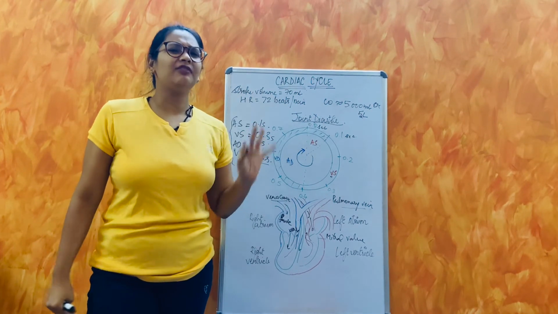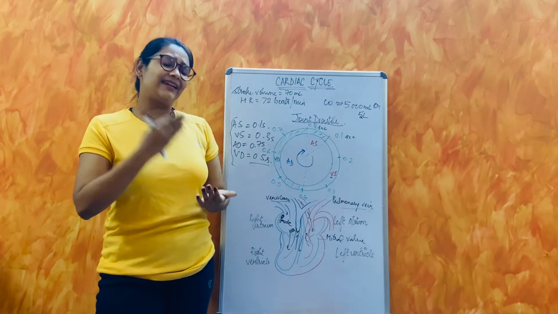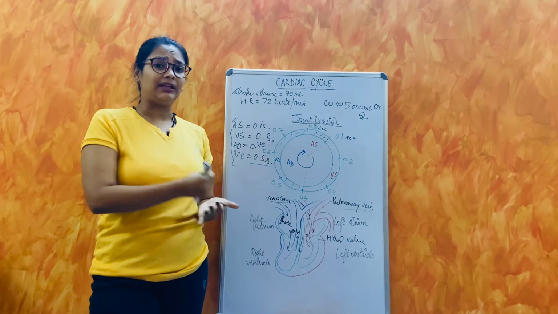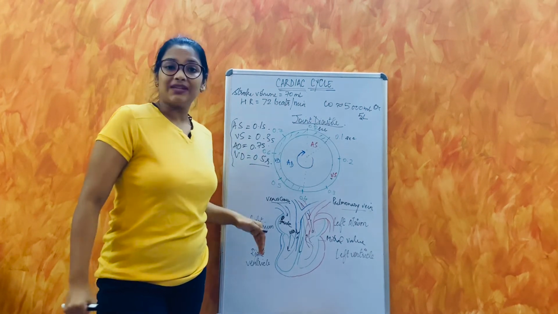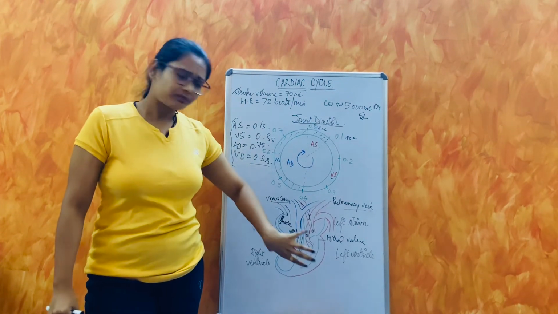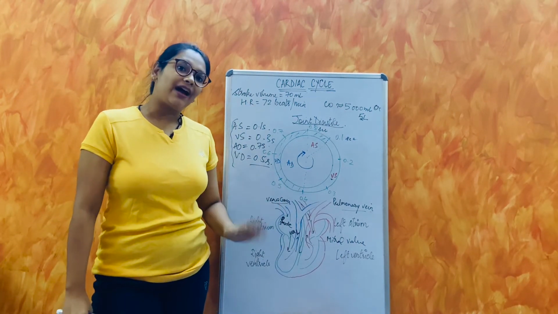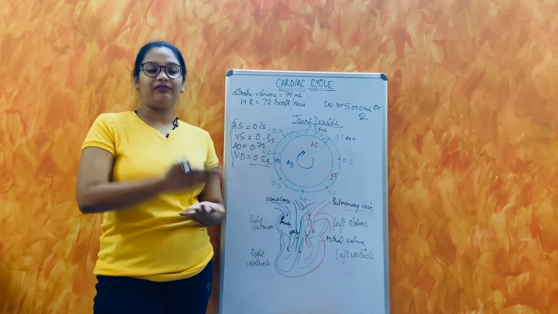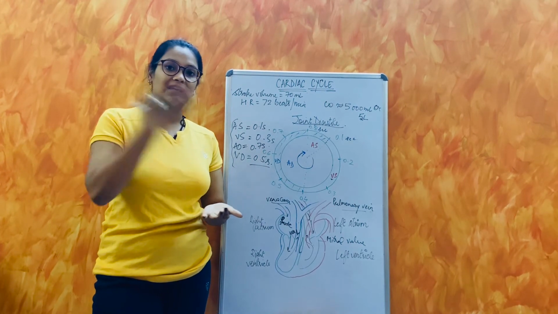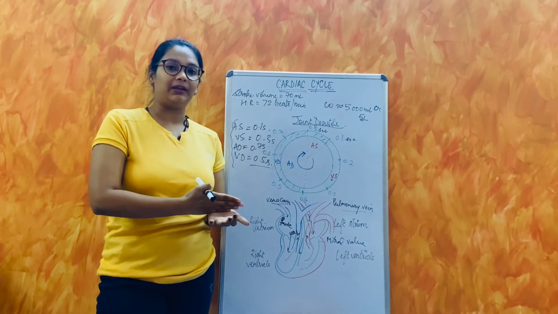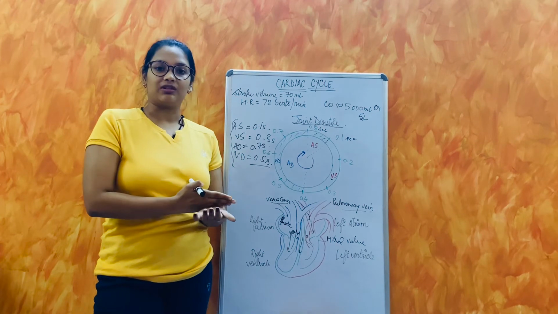Now, a very peculiar feature to note here is that actually about 120 milliliter comes and fills in the ventricles. However, only 70 milliliter of that is ejected out, and the rest 50 milliliter stays back in the ventricles only.